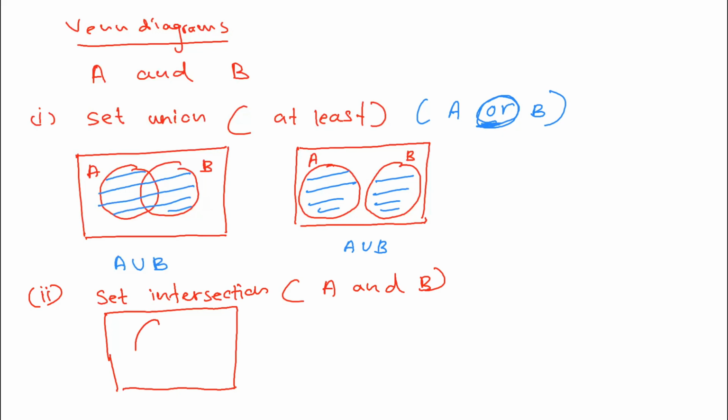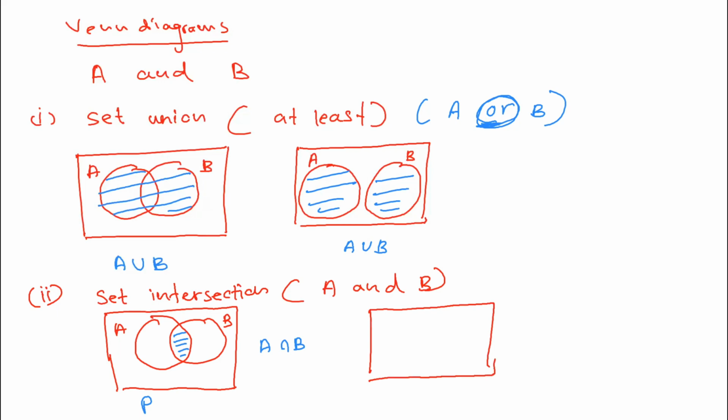So you can write this is A intersection B. And if the two events are mutually exclusive, what will happen? Do you have an intersection point? No. So in this kind of situation, when the events are mutually exclusive, you don't have an intersection. So probability of A intersection B will be equal to 0.